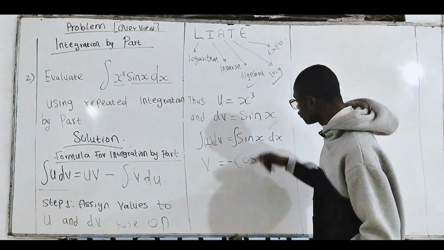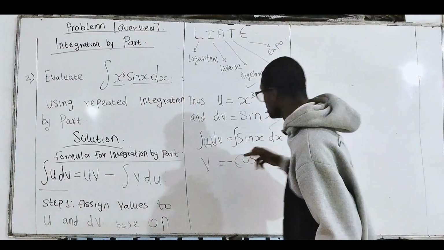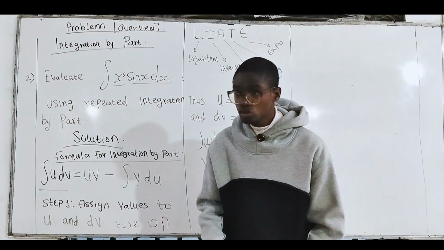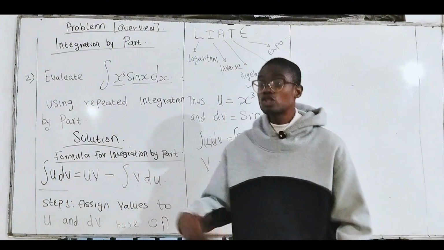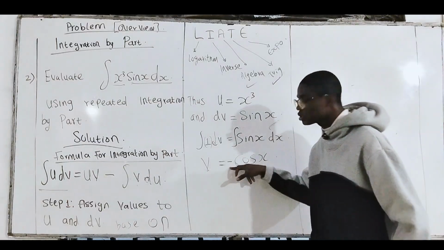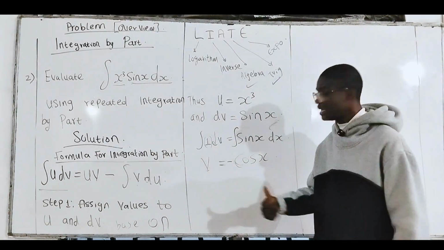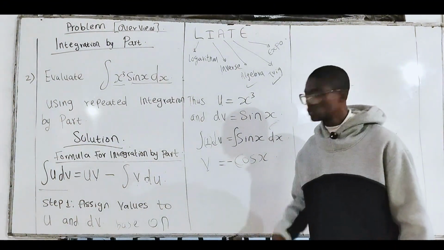Because if you differentiate cos, you cannot get sine. So you can't outrightly say that what you differentiated to get sine is cos. Rather, you put minus to that cos, so that when you differentiate it will give you minus sine, then the minus that you put initially will multiply it to get sine.